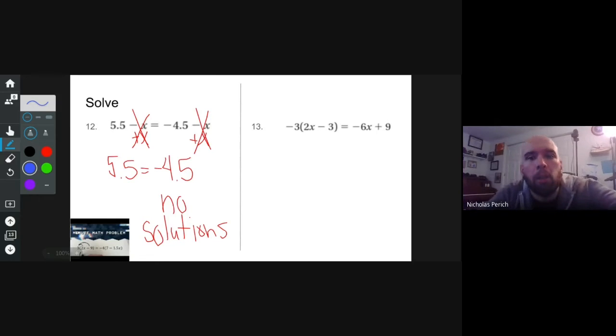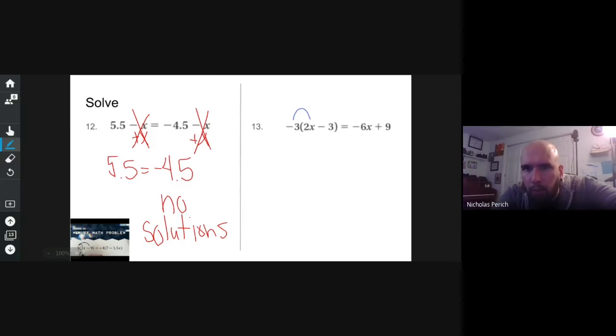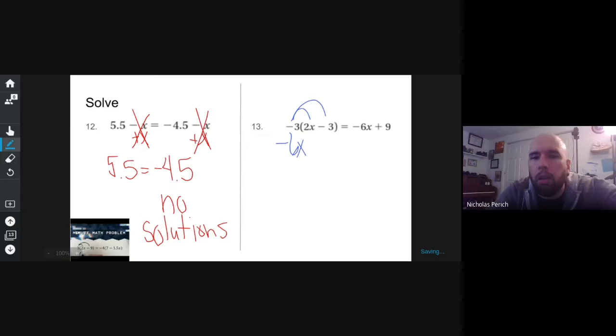Distributive property. -3 times 2x is -6x. -3 times -3 is +9. And that's going to equal -6x plus 9.